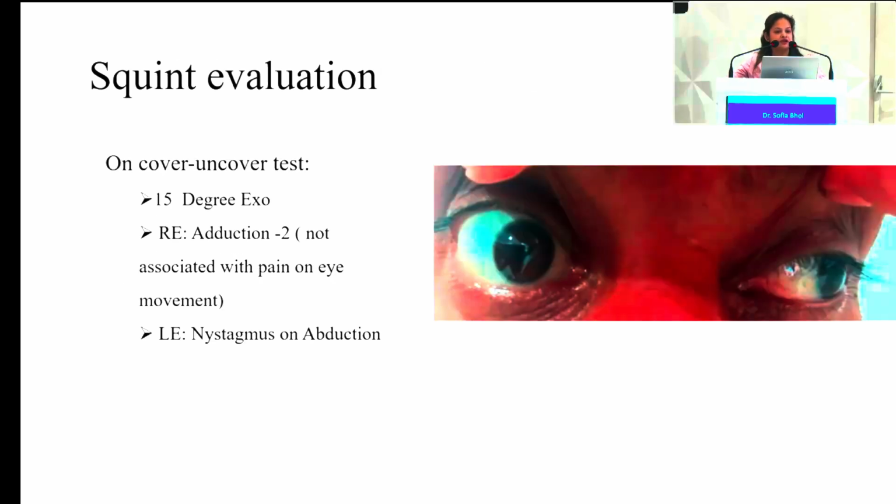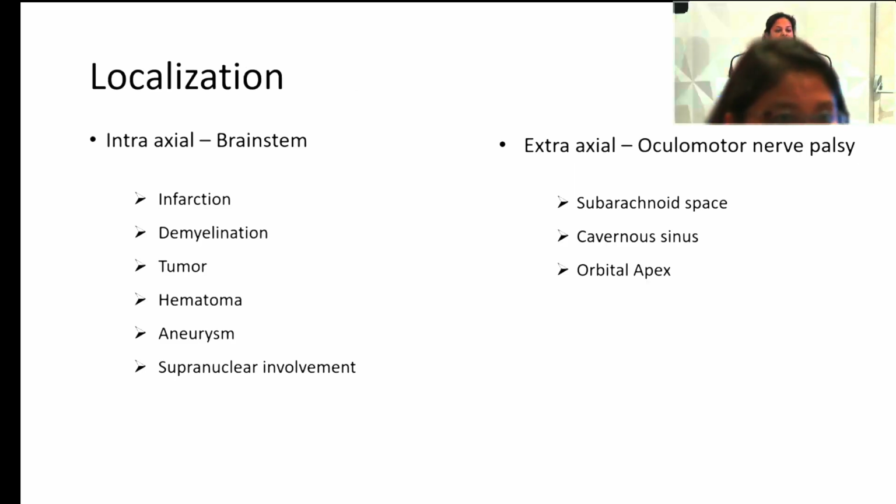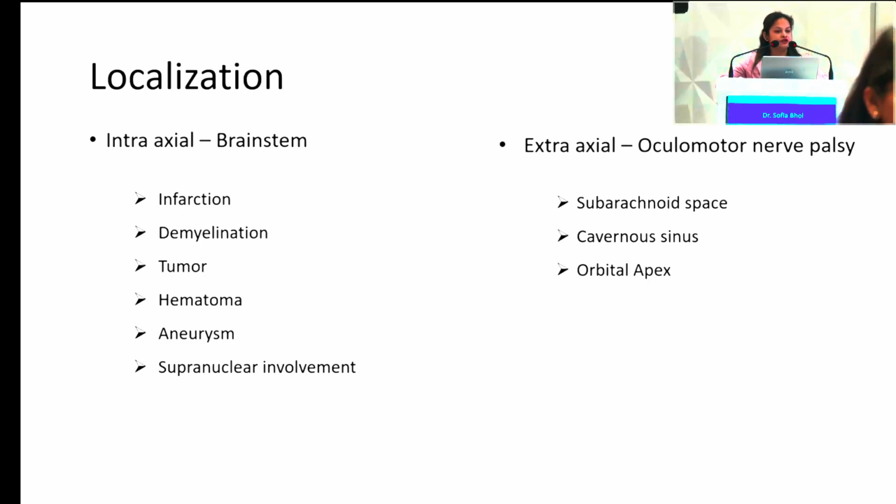Coming to squint evaluation, on cover-uncover test, my patient had a right eye 15-degree exo with adduction deficit of -2, which was not associated with pain on eye movement. And in the left eye, on abduction, he had nystagmus. So the etiology of double vision or diplopia according to localization can be intraaxial and extraaxial.